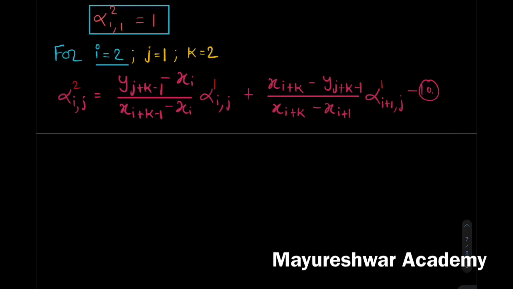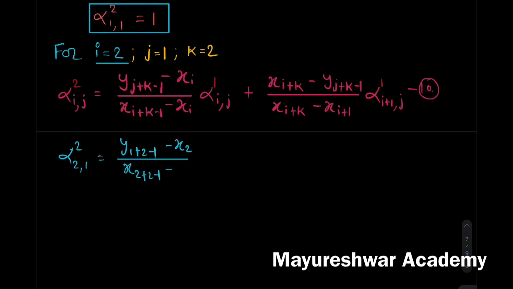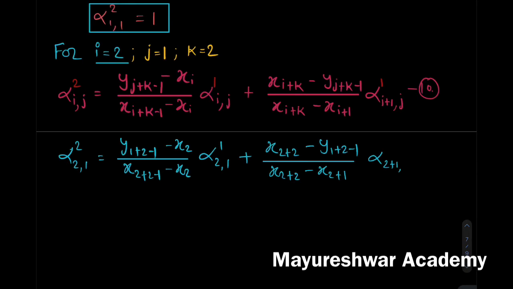Let us copy this so that we can substitute i as 2 there. So we are trying to get alpha 2 comma 1 for j and i values, and this is 1 plus 2 minus 1 x2 divided by x2 plus 2 minus 1 x2 alpha 2 comma 1 plus x2 plus 2 minus y1 plus 2 minus 1 divided by x2 plus 2 minus x2 plus 1, and alpha 2 plus 1 1.